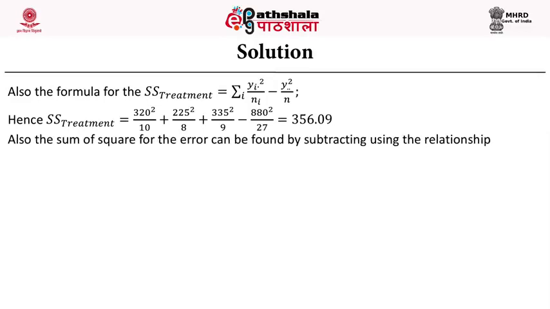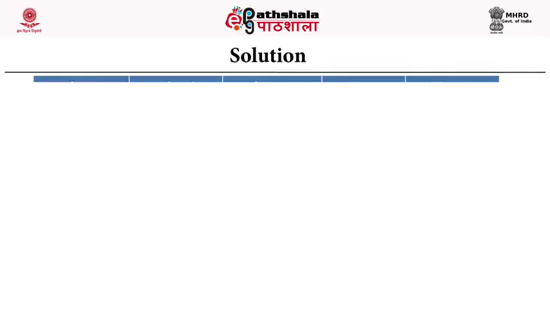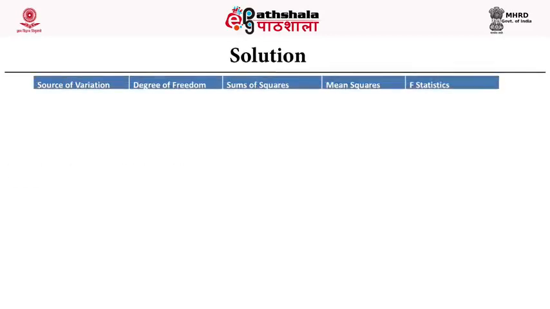Hence, after putting in the sums and squaring them, divided by the number of observations, we get the sum of squares of treatment as 356.09. Also the sum of squares for error can be found using the relationship that the sum of squares of error is equal to the sum of squares of total minus the sum of squares of treatment. Therefore the sum of squares of error is 1470.52 minus 356.09, which comes to 1114.43. So the solution is represented in table number 3.